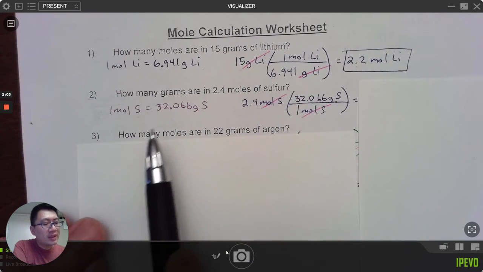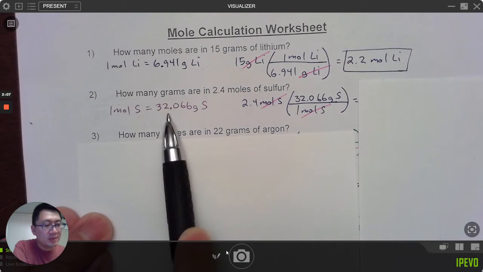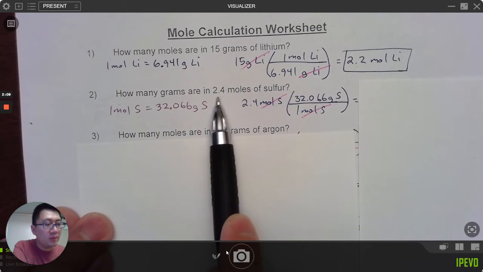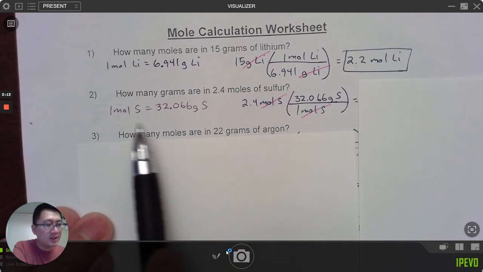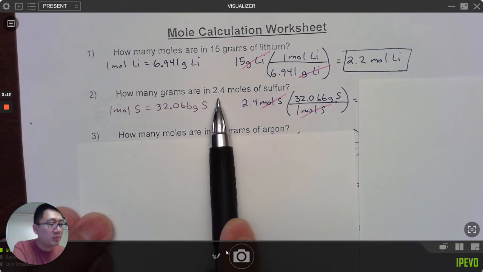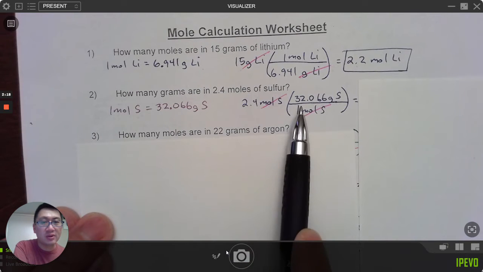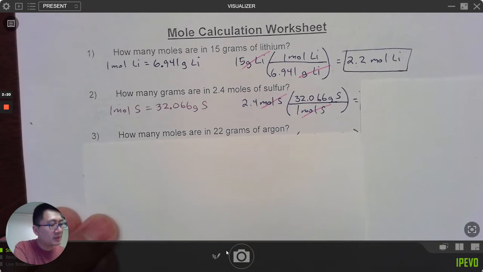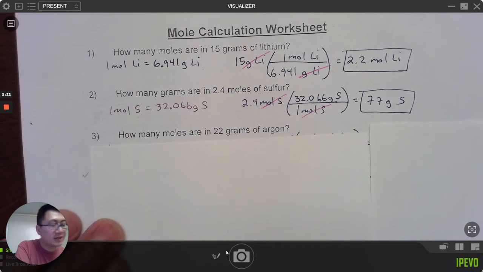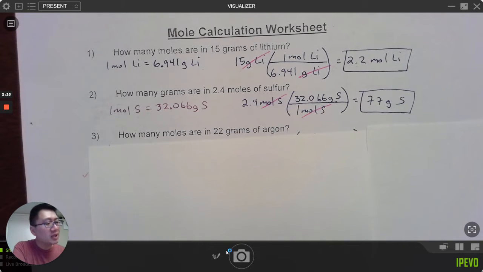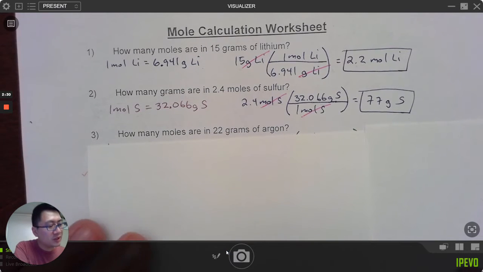If 1 mole weighs 32 grams, how much would 2.4 moles weigh? Well, one of them weighs 32, so 2.4 of them will weigh 2.4 times 32, or mathematically, 77 grams. 2 sig figs. And again, for right now, don't worry about sig figs, but technically, the rules of sig figs apply.